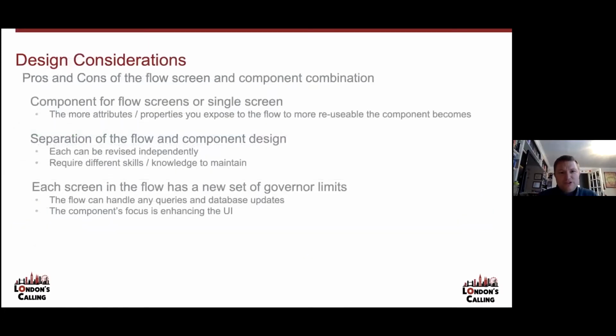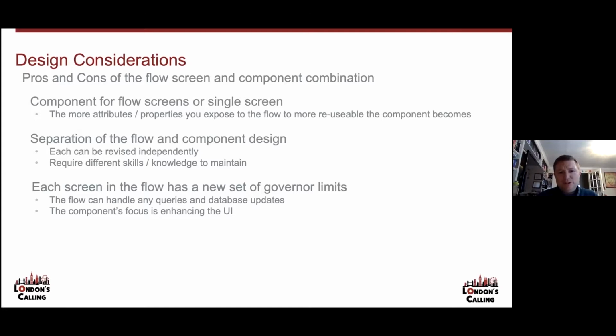There are some design considerations that I've popped down here. If you are going to create components, you might want to consider whether you make it for a single use or whether you make it available for multiple flow screens.